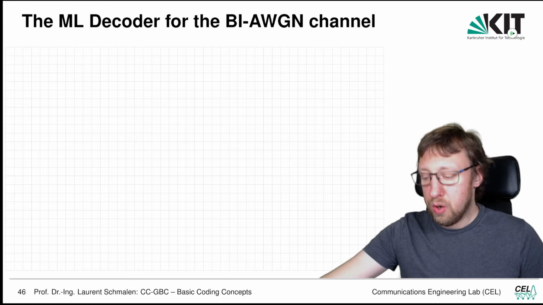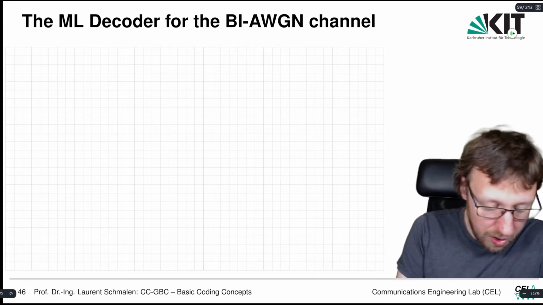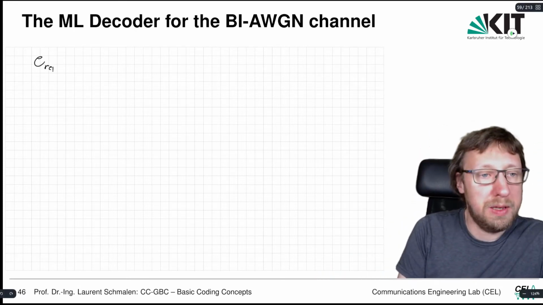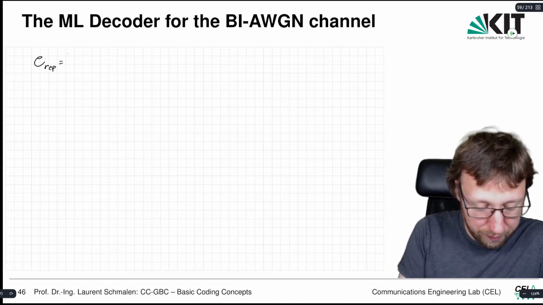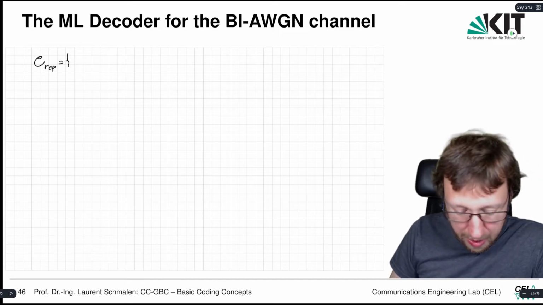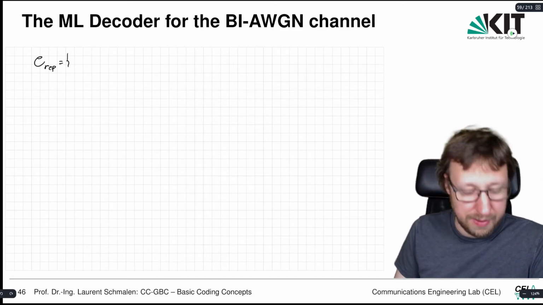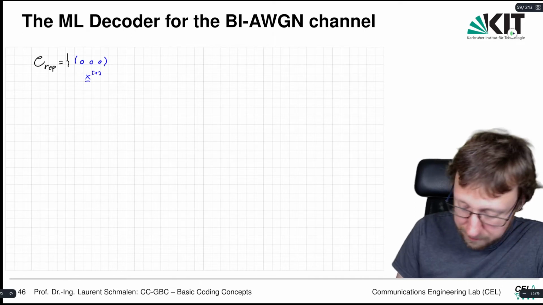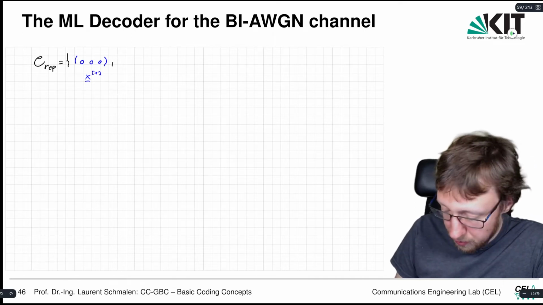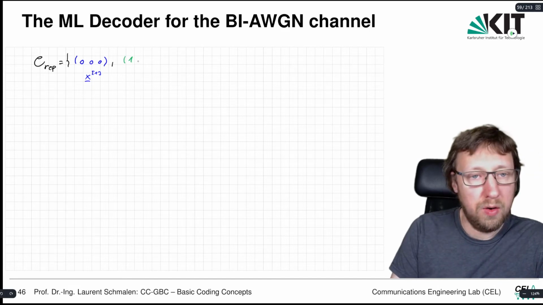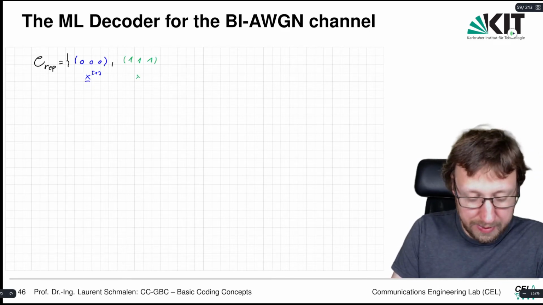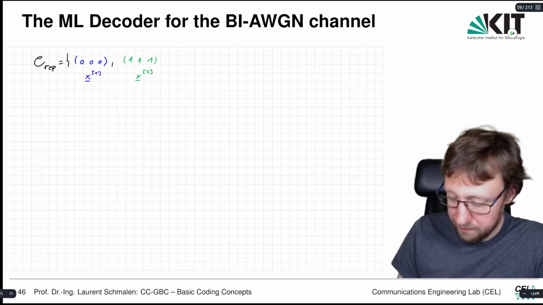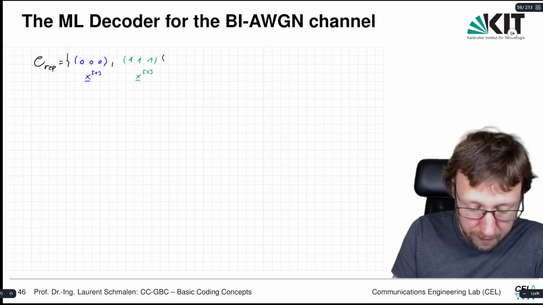So let's do a quick example. We're looking at our old friend, the repetition code. We have two code words. The first code word is 000, and I'm going to use two different colors to describe the two code words. So this is x1, and the second code word is 111, which is x2.